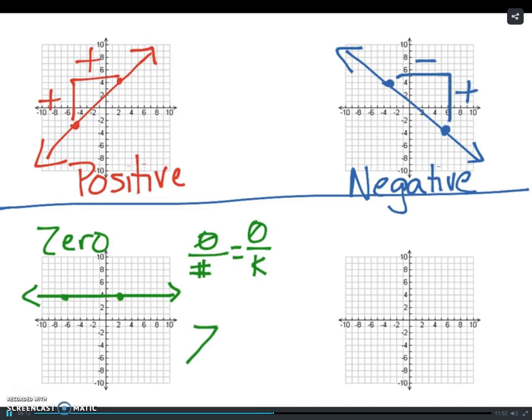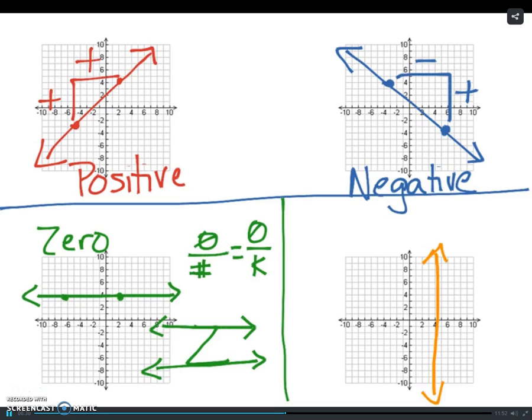I also remember that on a Z, the top line and the bottom line are both horizontal lines. And so that helps you remember horizontal lines have a slope of 0. And then finally, we have a vertical slope. On this one, if you were to try to count your rise over run, you're going to have no run.